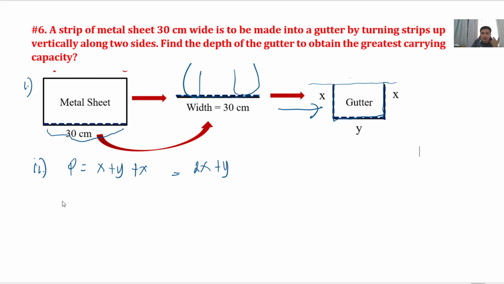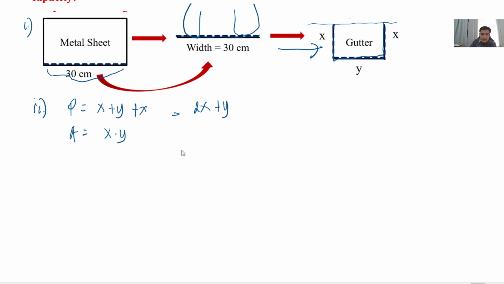When we get the area, class, that is equal to x times y. The area is what we will maximize to obtain the greatest carrying capacity. So, we will maximize its product, that is x times y.